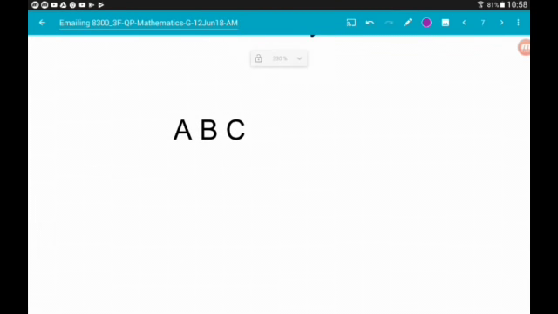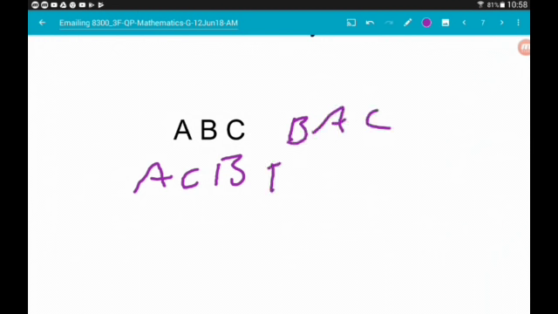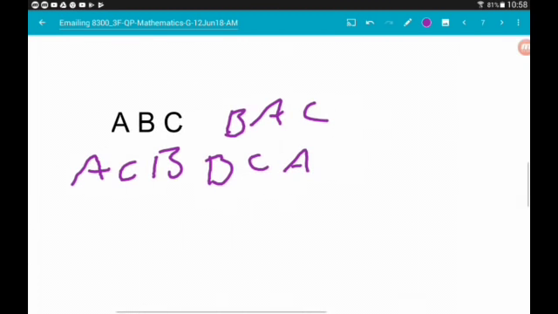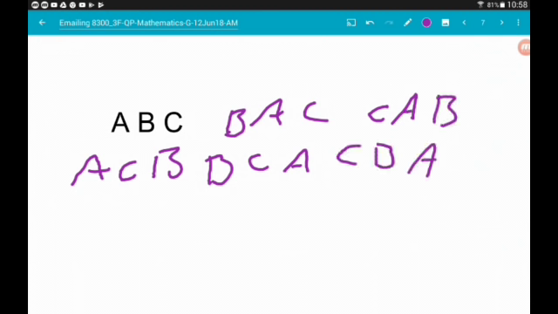So we could go ABC, we could go A, C, B. We could go B, A, C. We could go B, C, A. We could go C, A, B. We could go C, B, A. That's all 6 combinations.